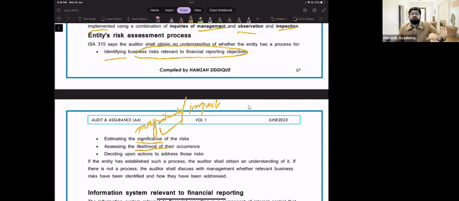What is the chance of occurrence? 1% or 20%? And then, fourth, you assess the likelihood and the significance as well. Now, how to deal with that? How to address those risks?